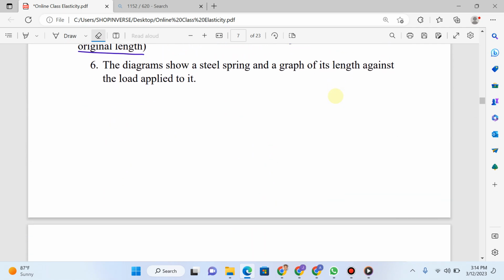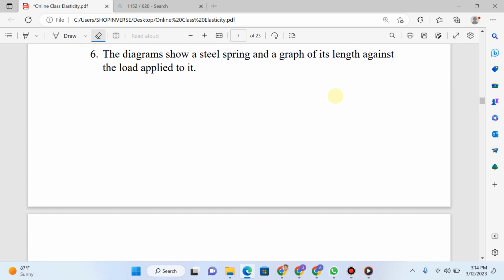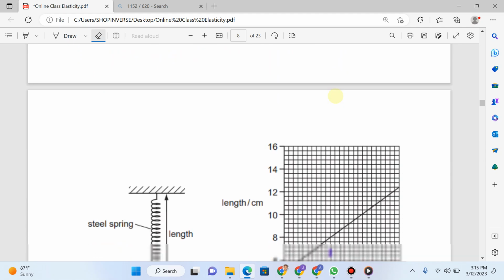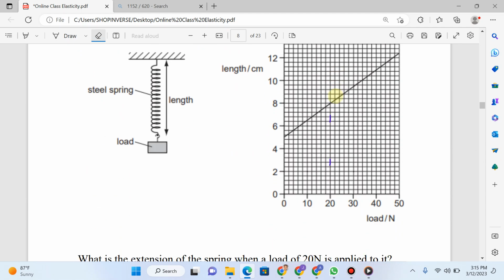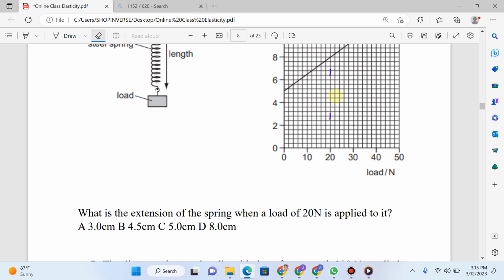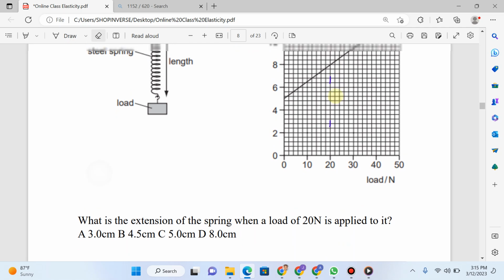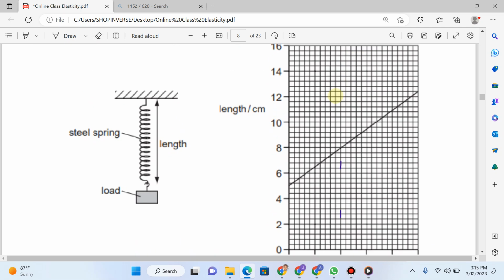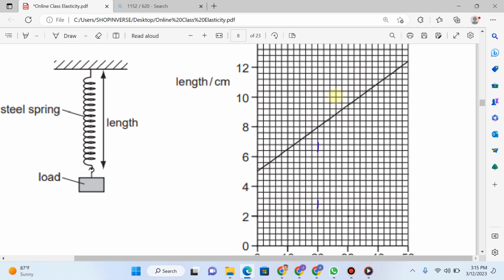Question number 6. The diagram shows a steel spring with a graph of its length against load applied to it. This is the graph. What is the extension of the spring when a load of 20 Newton is applied to it? Now you have to zoom into this graph so you can see what you are doing clearly.